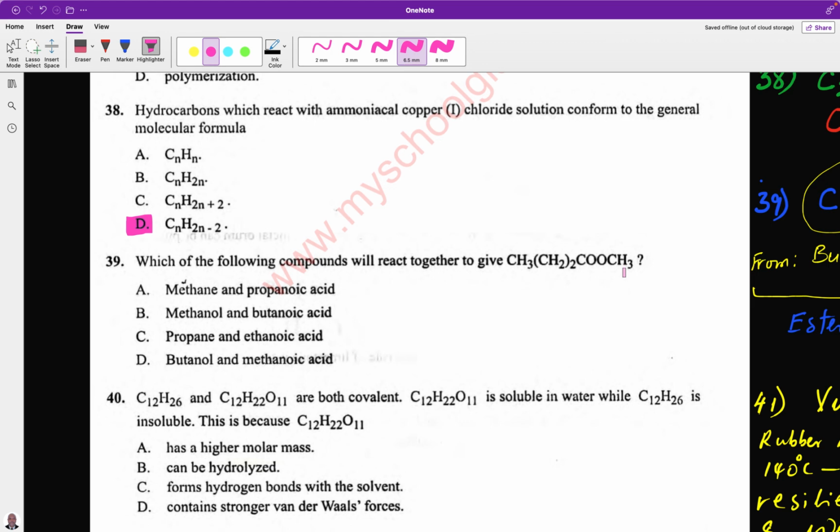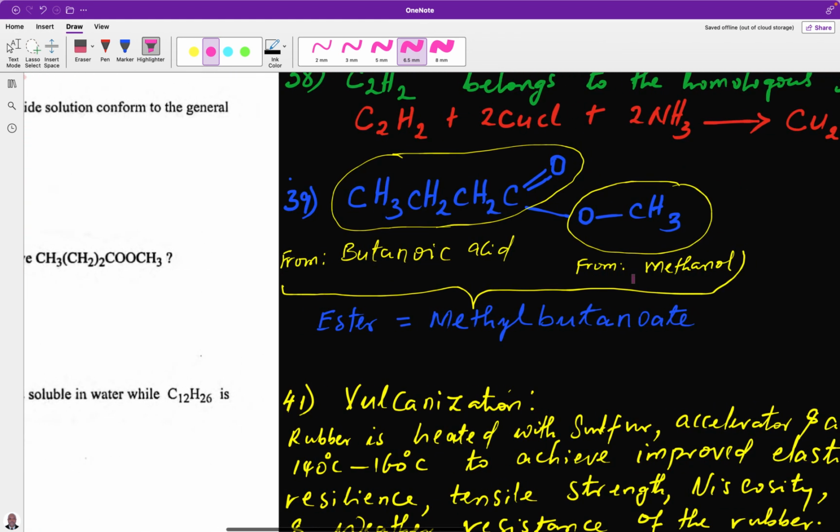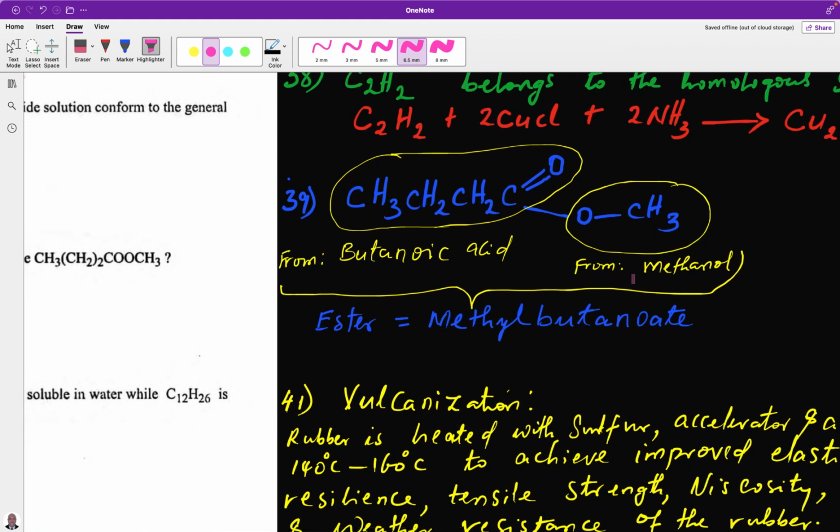The first thing you must do is write the compound out. From this compound, you will see that this section is from the alcohol, and this section is from the acid.